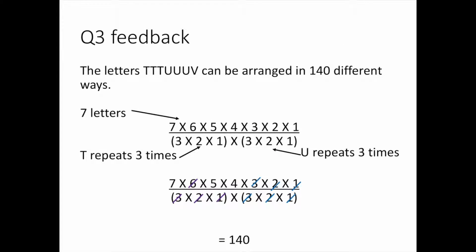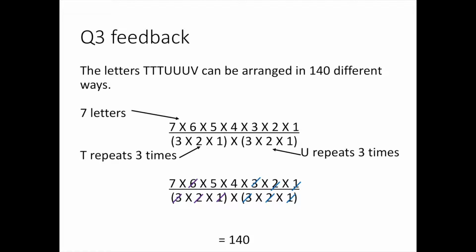On question 3, there were 7 letters, so there's 7 times 6 times 5 times 4 times 3 times 2 times 1 in the numerator. The T repeats 3 times, and the U repeats 3 times, so there's 3 times 2 times 1 times 3 times 2 times 1 in the denominator. 3 times 2 times 1 cancels out in both the numerator and denominator, and then the other 3 times 2 times 1 in the denominator, well, that equals 6.